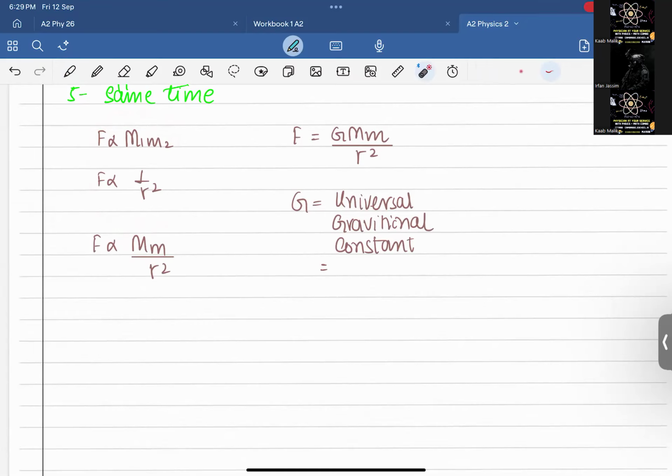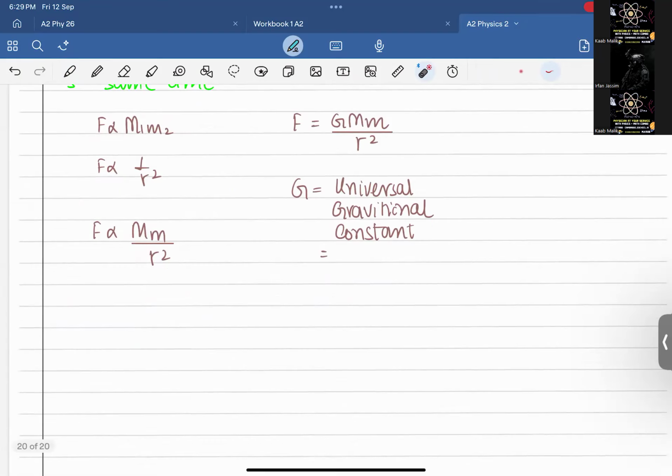And G has a value of 6.67 exponent negative 11, in newton meter square per kg square. And this constant shows this is a universal constant. It remains the same forever.